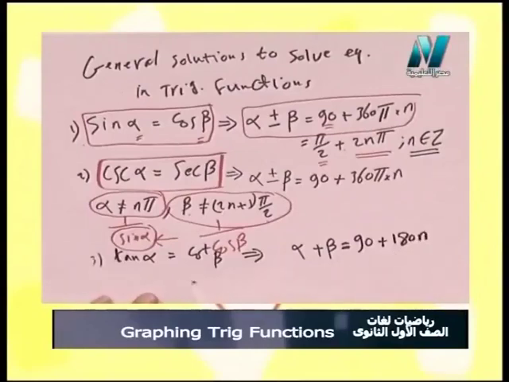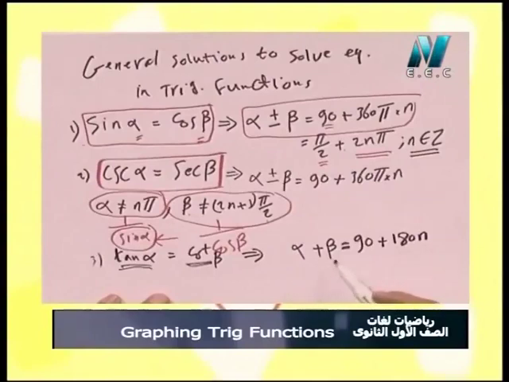This is for tan and cotan only, and you will study it in the next years, inshallah, because tan repeats with period 180 degrees, not 360 as sine and cosine.